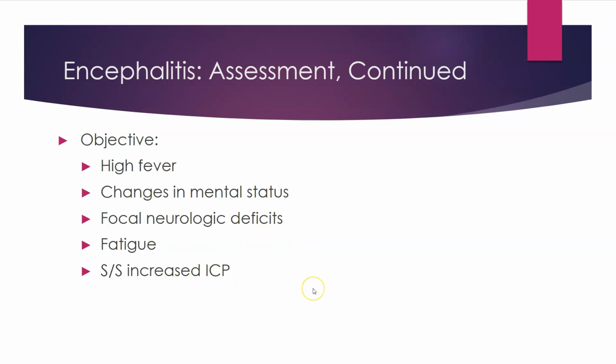So that's going to be phonophobia, photophobia, headaches, nausea, vomiting, decreased level of consciousness. And you might see Cushing's triad, which is going to be a widened pulse pressure, bradycardia, and some irregular respirations.